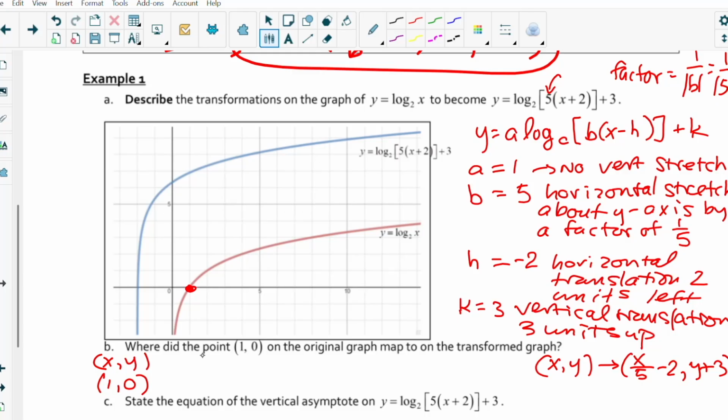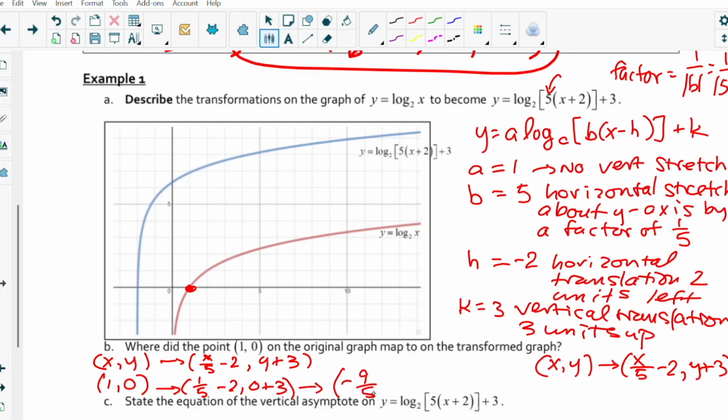Okay, that maps to, so here's our mapping, (x divided by 5 minus 2, y plus 3). So when I transform that, that's 1/5 minus 2, 0 plus 3. Well, what does that turn into?